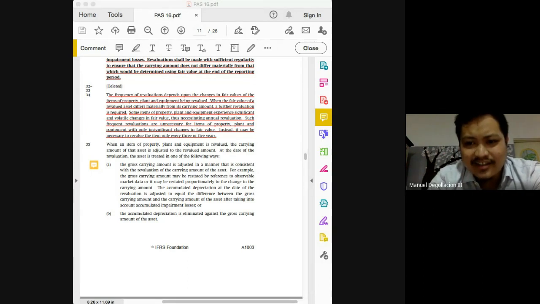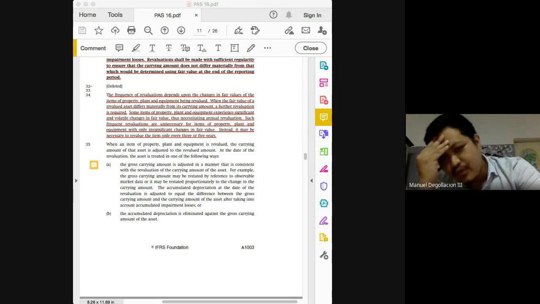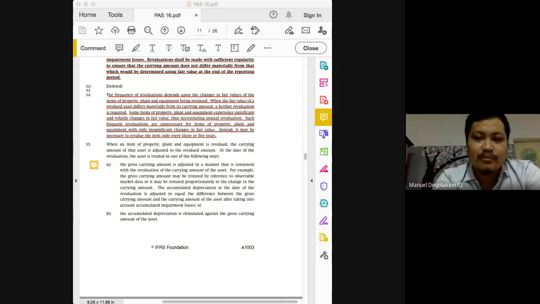Okay, regardless of the method used class, the carrying amount of the revalued asset should be the same amount, which is the asset's fair value at the date of revaluation. Okay, so again, the goal in revaluation, because I cannot emphasize this enough, the goal in revaluation is to change the previous carrying amount to the fair value, to the revalued amount. As to how you are going to accomplish that in your accounting records, you may either use the proportional approach or the elimination approach.